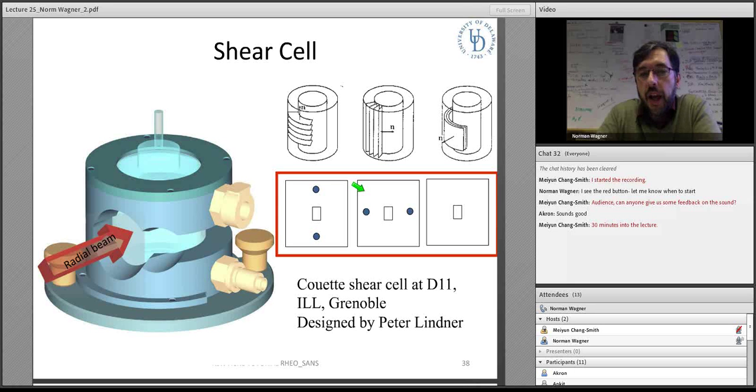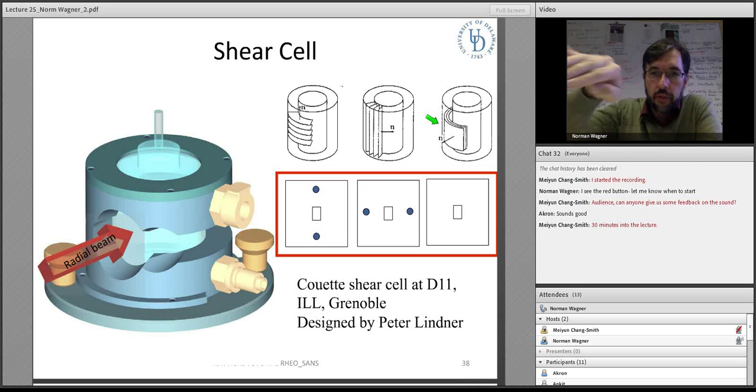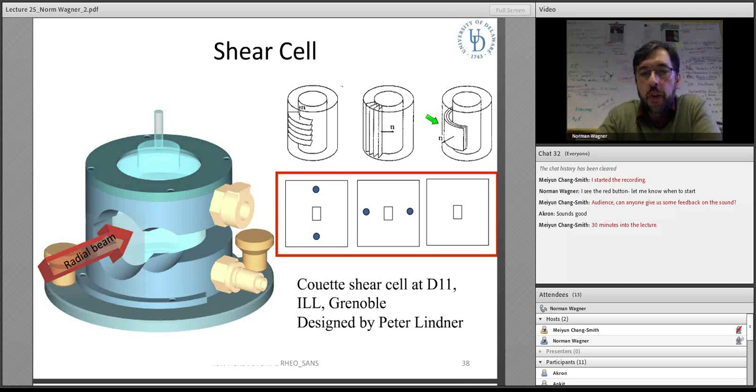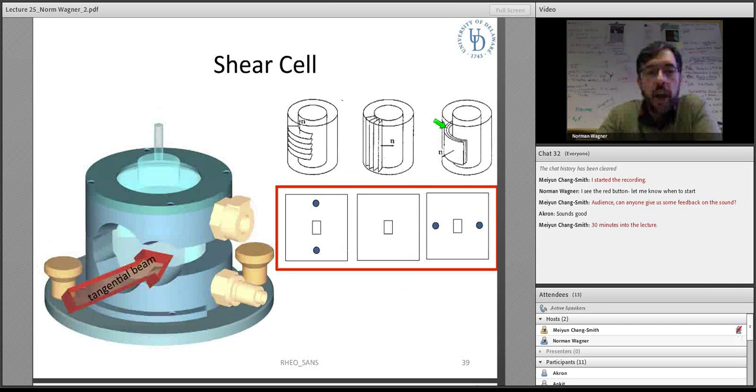And if I had the lamellar oriented along the flow direction, so curving along the cylinders, then I would see nothing. Because for the neutron scattering, I'm looking orthogonal to the direction of periodicity, the normal to it. And so there's nothing to diffract from, and I would see basically nothing. So that gives you your first clue that you need more information than just one geometry. The tangential beam, same exercise.